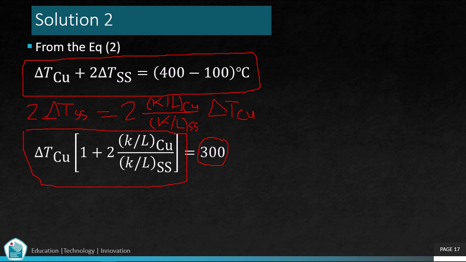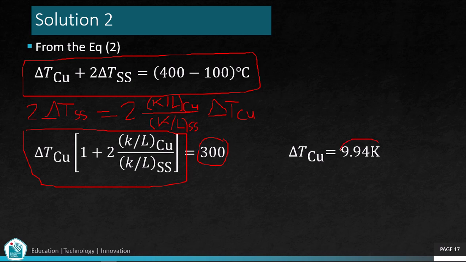So we need to find the delta TCu. If you calculate it, you will have delta TCu equal to 9.94 Kelvin.